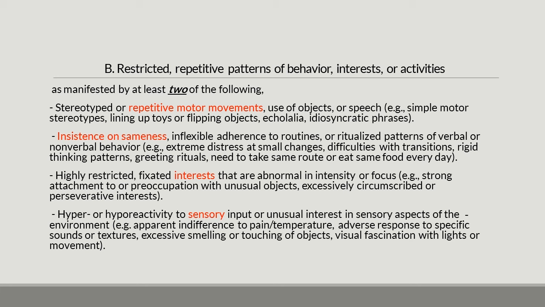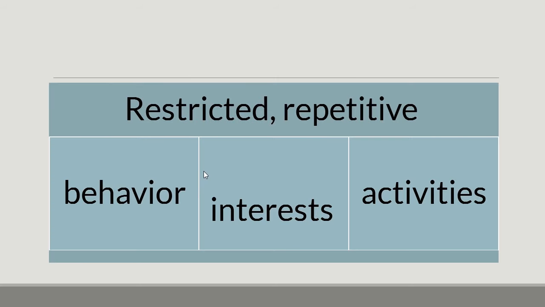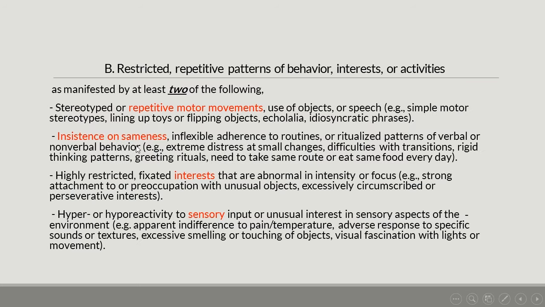The second item required by the DSM-5 is the restricted, repetitive pattern of behavior, interest, or activities. I think it is more obvious here, where we have all of these areas of functioning restricted or repetitive. Regarding behavior or motor movements, there is the stereotyped or repetitive.